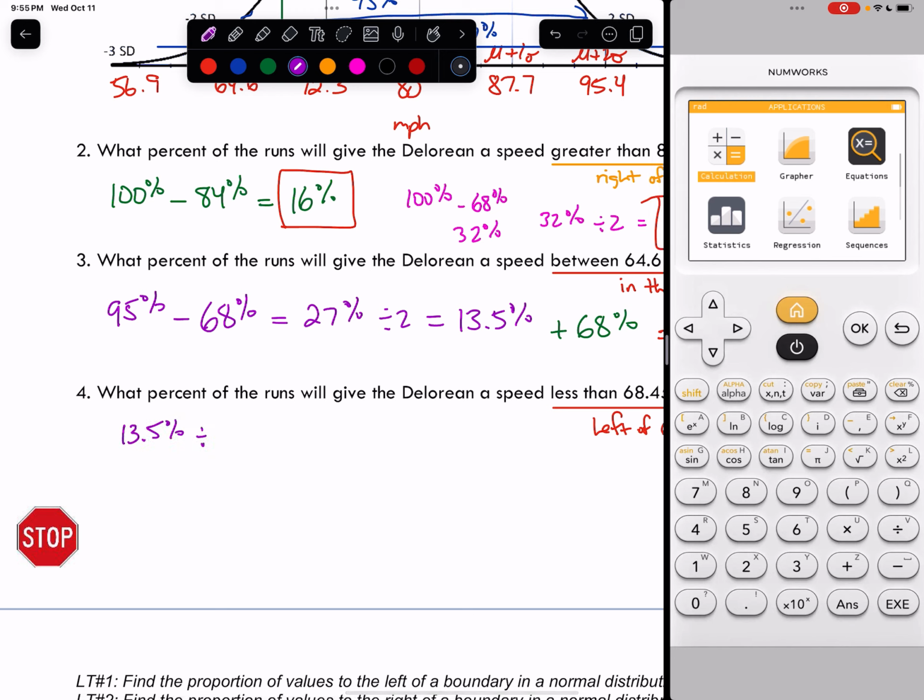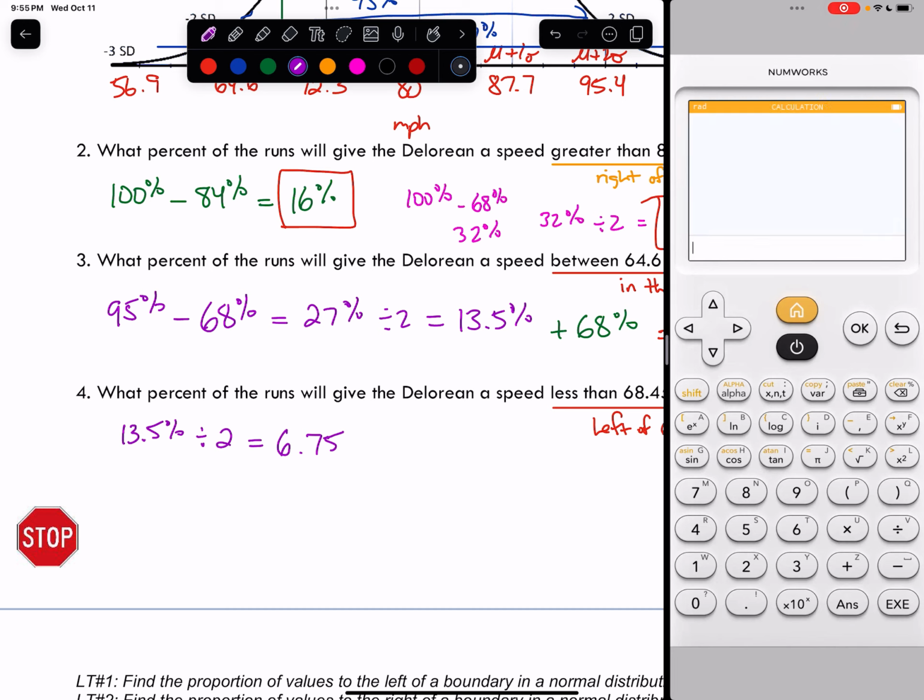13.5% divided by 2, and we've got 6.75. I'm going to use the calculator just to double check that. 13.5 divided by 2, 6.75.